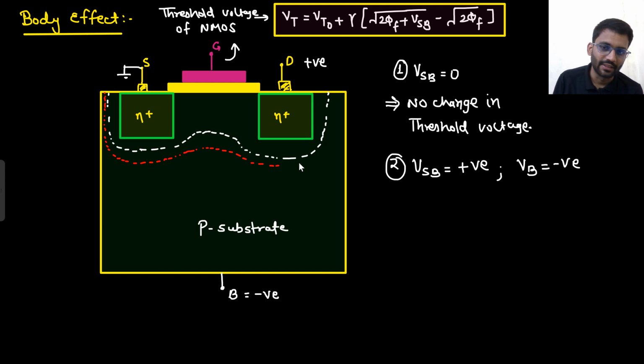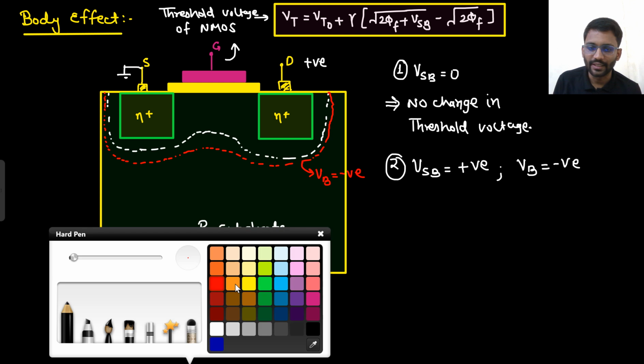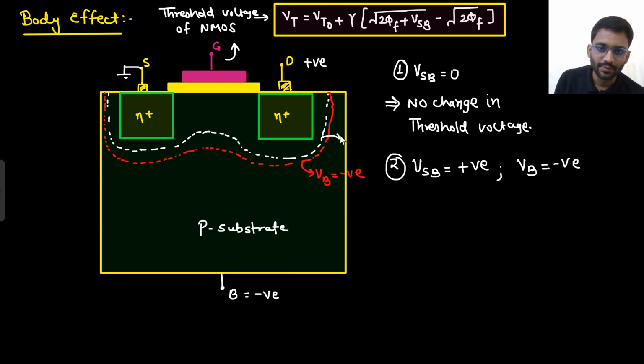So this depletion region is increased. This is the case for VB negative, or you can say VSB equals positive. And this was the case for VSB equals 0.